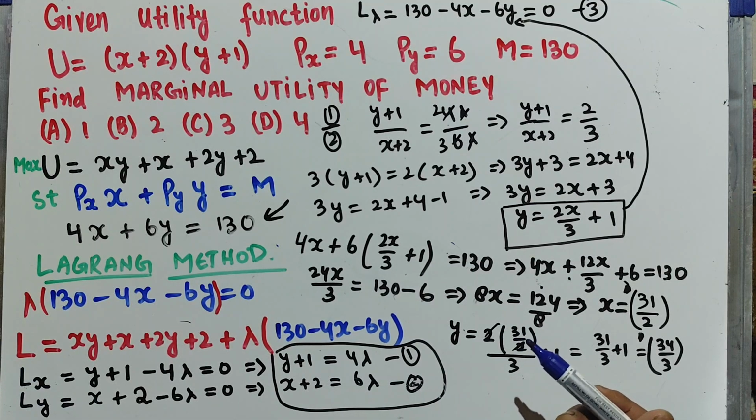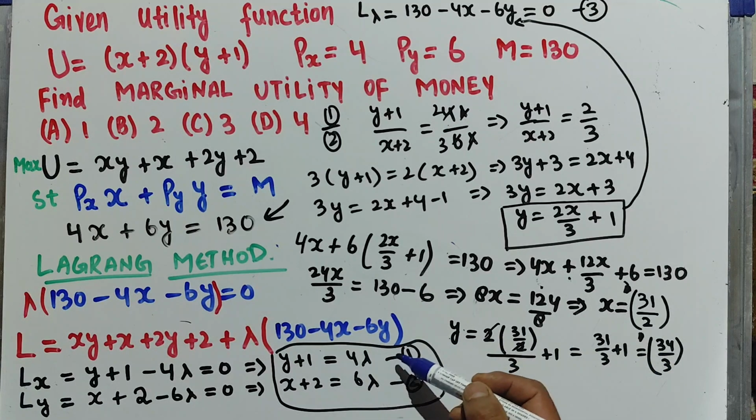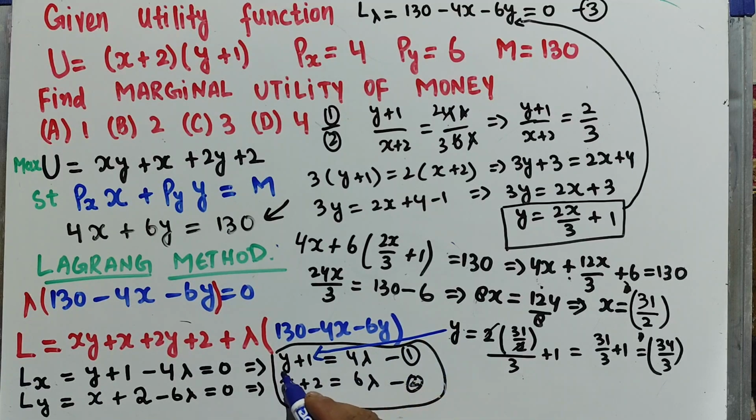Let us plug the value of y or x in either of the equations 1 or 2nd. Now let's plug the value of y here. So what will we get? We get in place of y we have 34 upon 3 plus 1 is equal to 4 lambda.